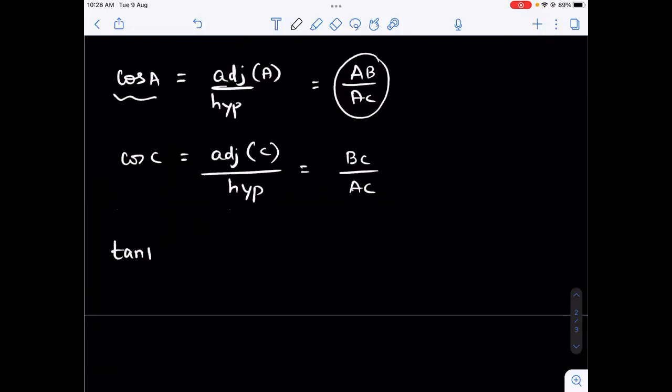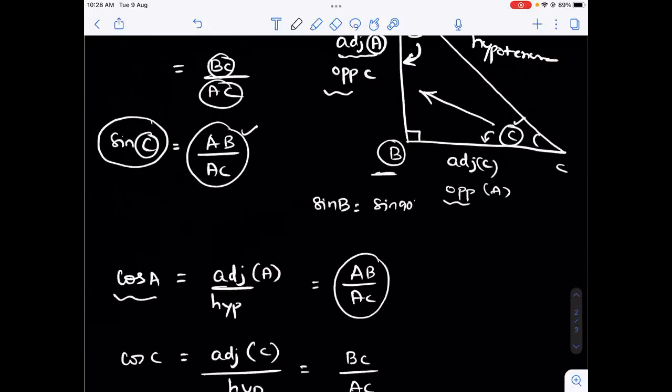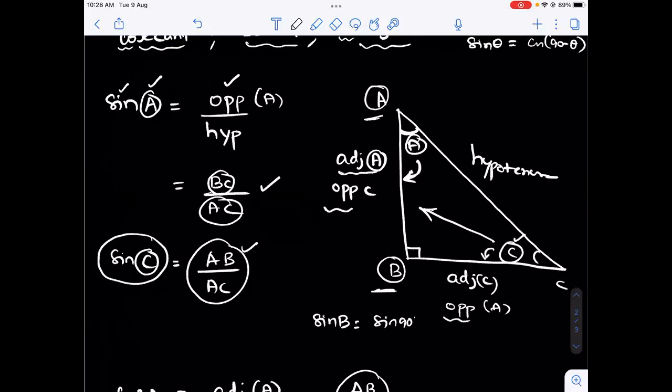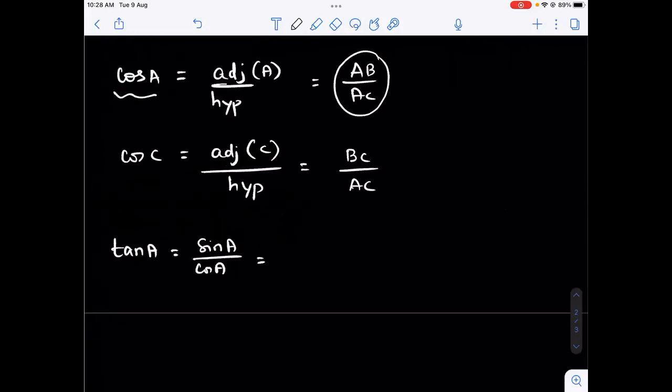What is tan A? Tan is basically sin A divided by cos A. What is sin A? It is here, BC by AC. So BC by AC divided by, what is cos A?